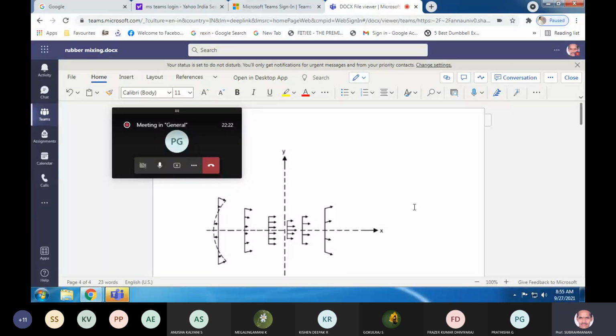Calendering is all about generating a film of uniform surface feature as well as the cross section, namely the thickness.